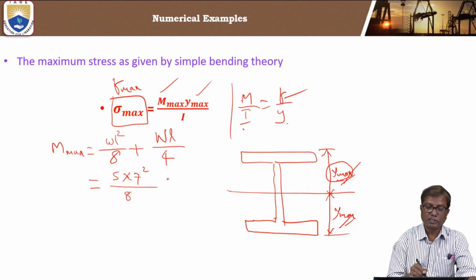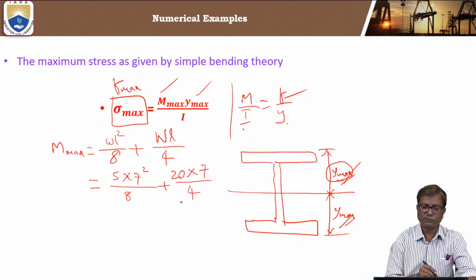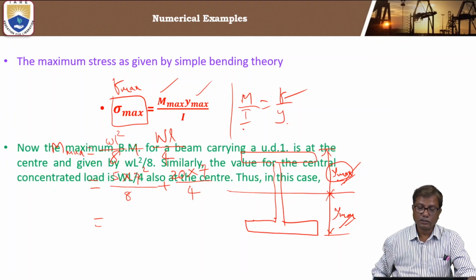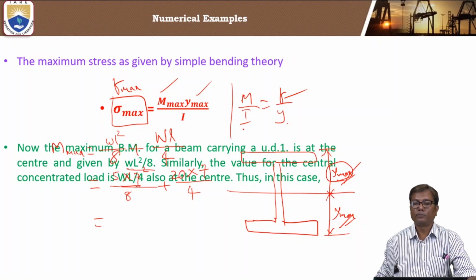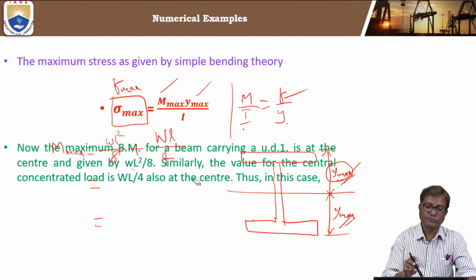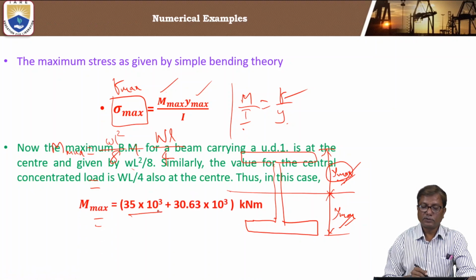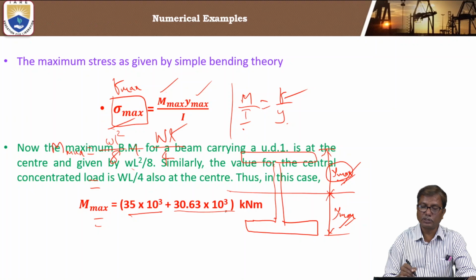So WL square by 8 plus the point load, which is 20, with span 7 again, by 4. This comes out to be 35 into 10 cube due to UDL, and due to the point load WL by 4, 30.63 into 10 cube.